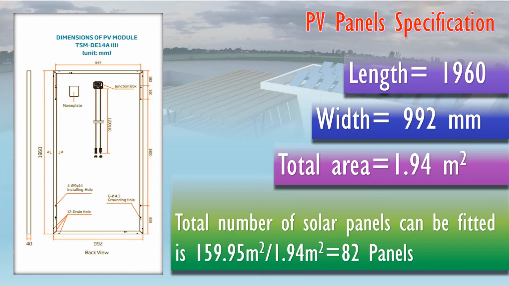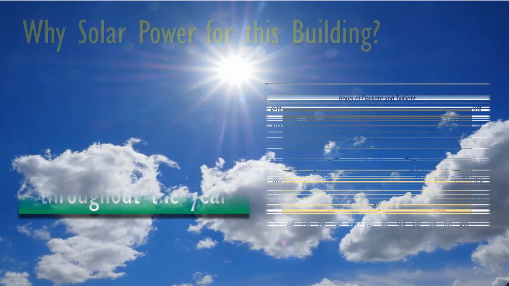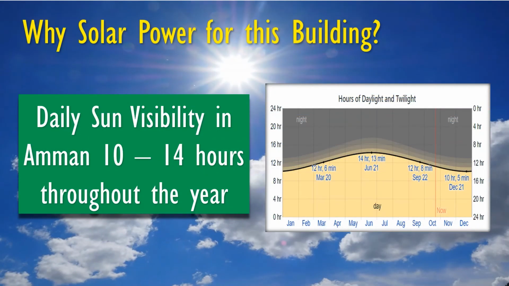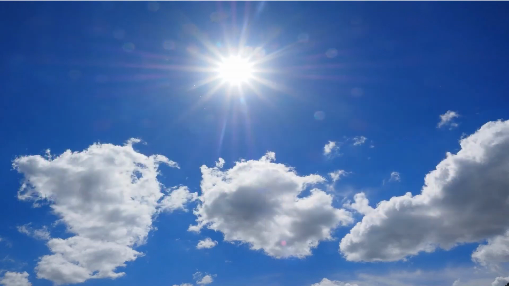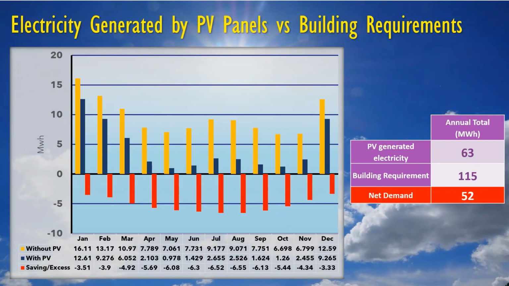So we need 82 panels to cover the selected roof area. The energy required in our building is 115 megawatt hour and the PV generates 63 megawatt hour, so the net demand is 52 megawatt hour.